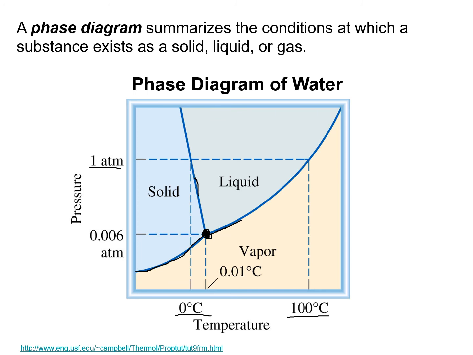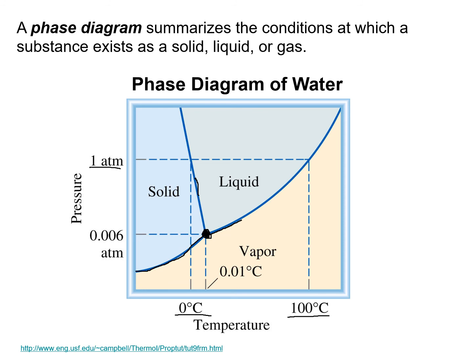Consider the fact that we just defined critical temperature and critical pressure for water a few slides ago. You see on this phase diagram, we couldn't possibly see where that critical temperature is. This is 100 degrees. The critical temperature of water is 374, so it's way, way out here.